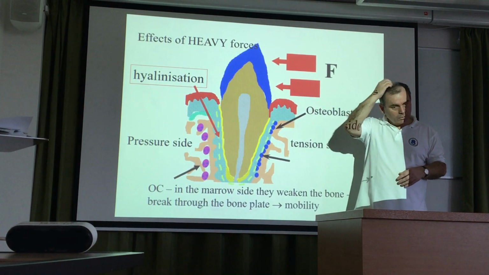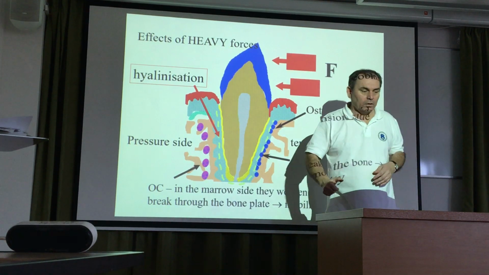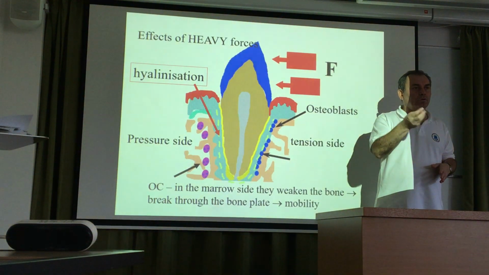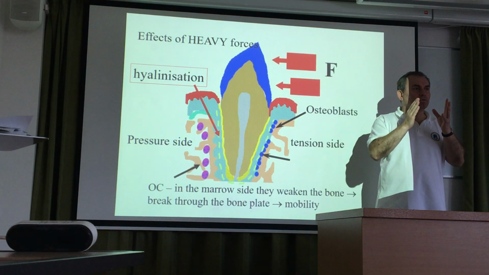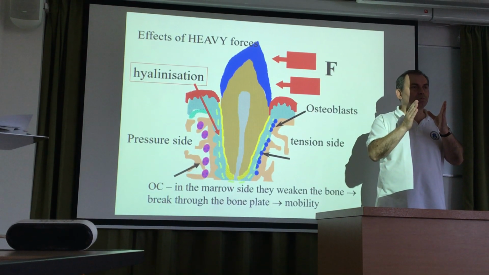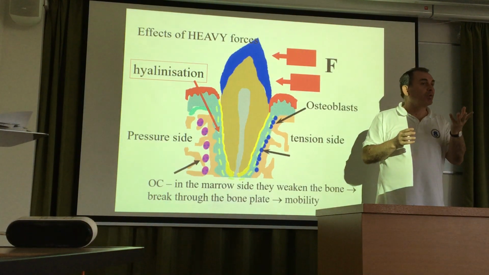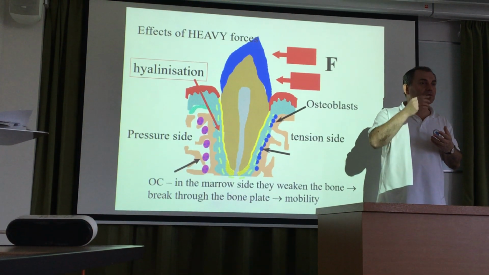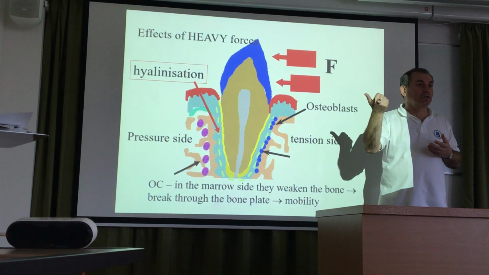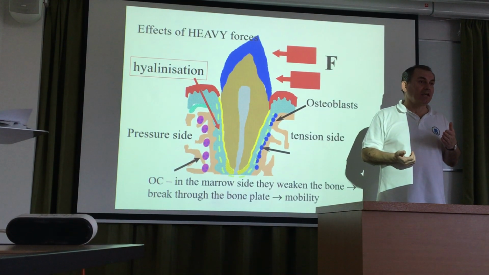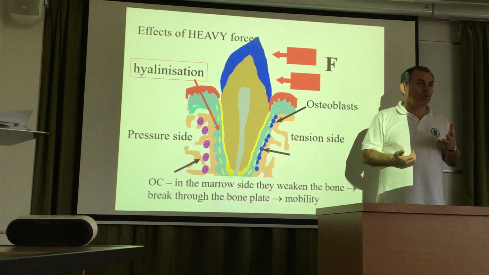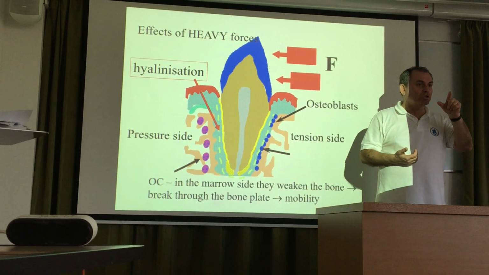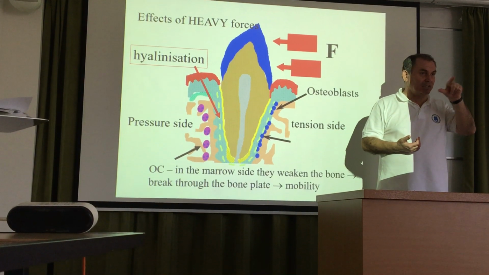No. Usually it depends on the tooth position. Usually the teeth are located in a wrong position, for example palatally. Here the pressure side is the buccal side. The pressure side is that side of the tooth under orthodontic movement toward which the tooth movement is directed.